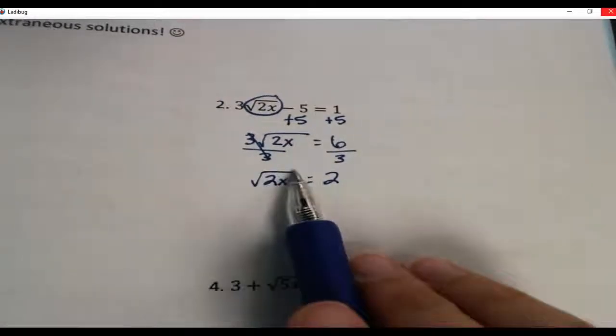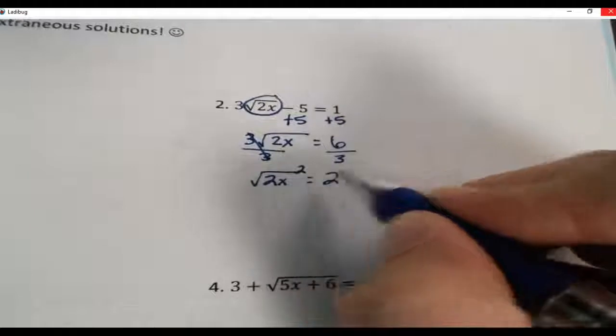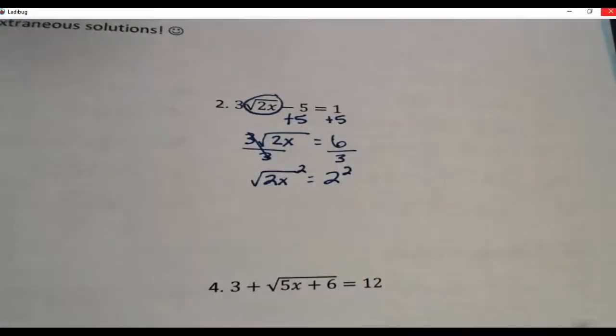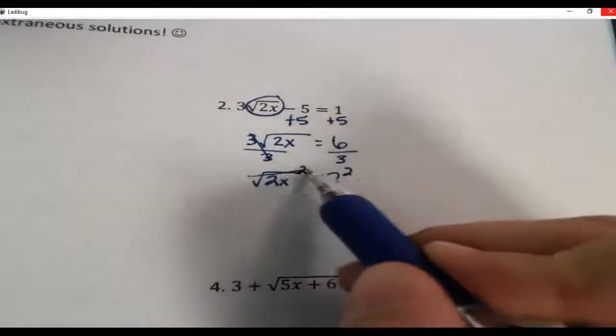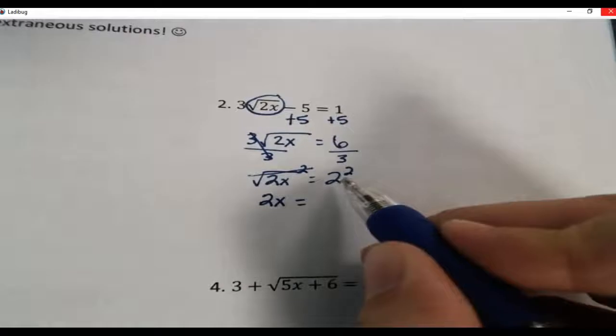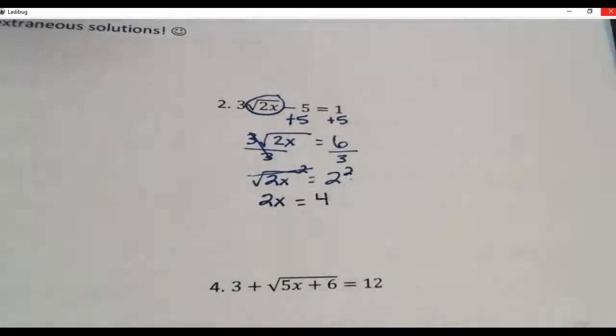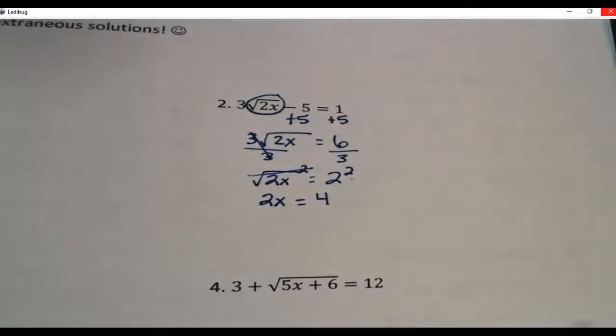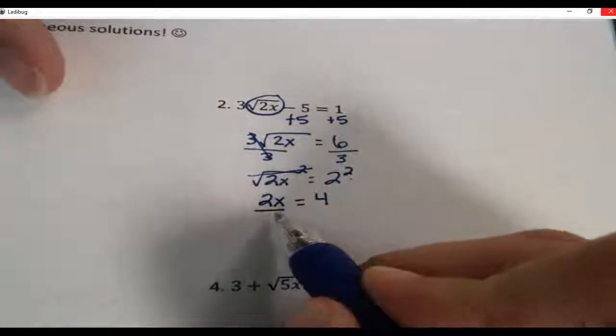Then, to get rid of that square root, square both sides. And then, good. So then we have 2x equals 2 squared is 4. Good. Very good. So then our last step, divide by 2.